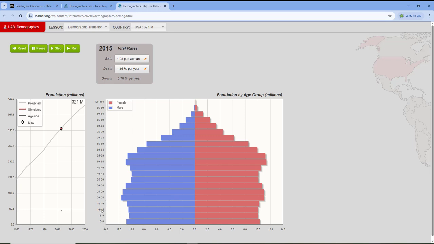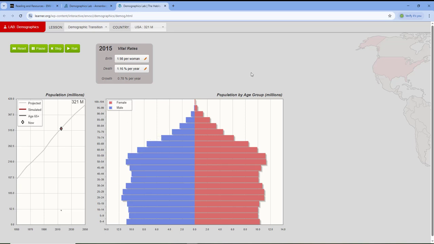The age cohorts are on the y-axis: ages 0 to 4, ages 5 to 9, 10 to 14, and so on, all the way up to 100 to 104.